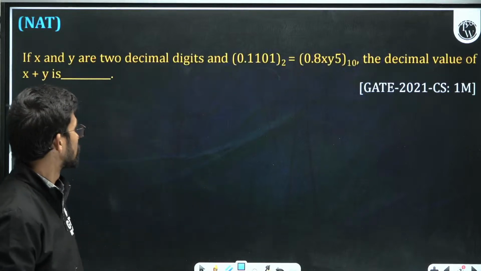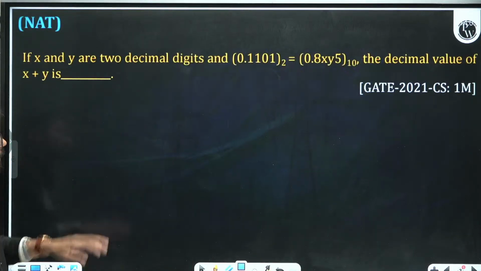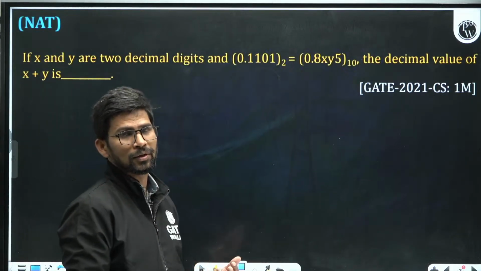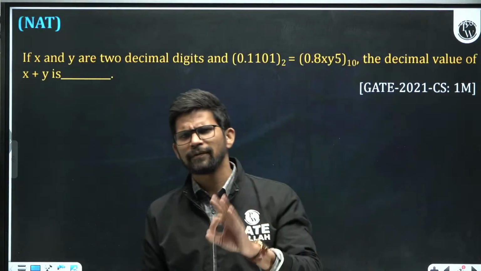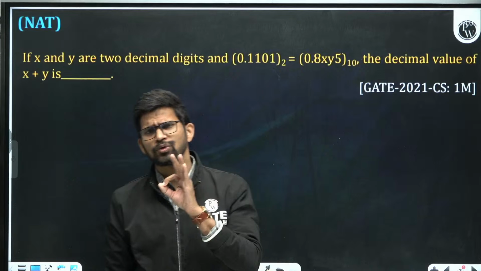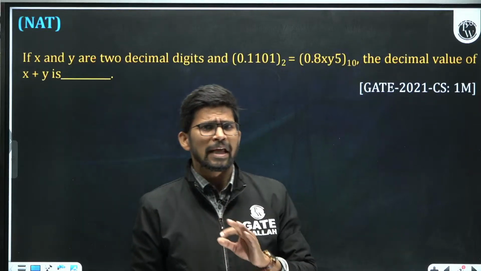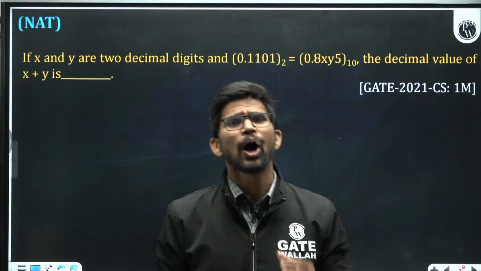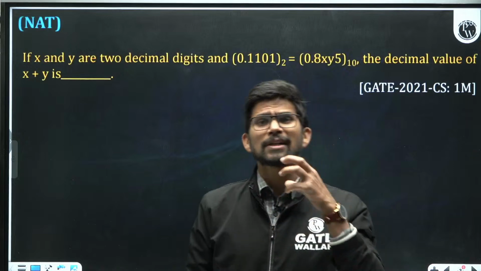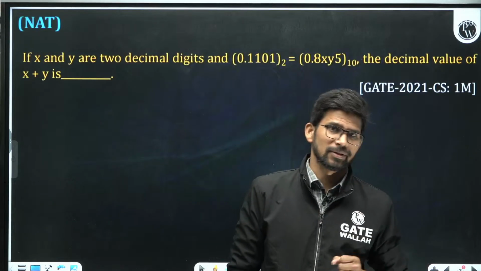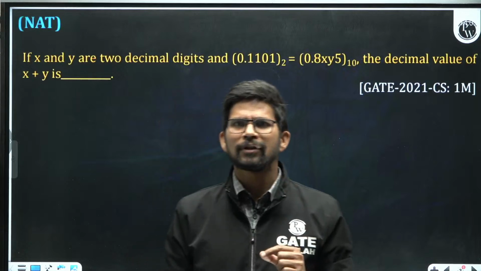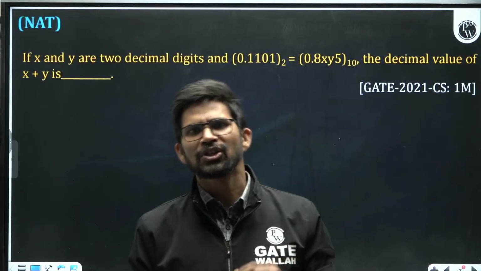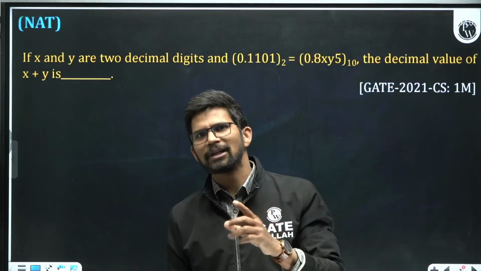What is the answer? So these two numbers are equal. The basic principle of solving a question related to number systems is: if the relation is given, always convert the numbers into equivalent decimal numbers, because you can solve any equation in the decimal number system.